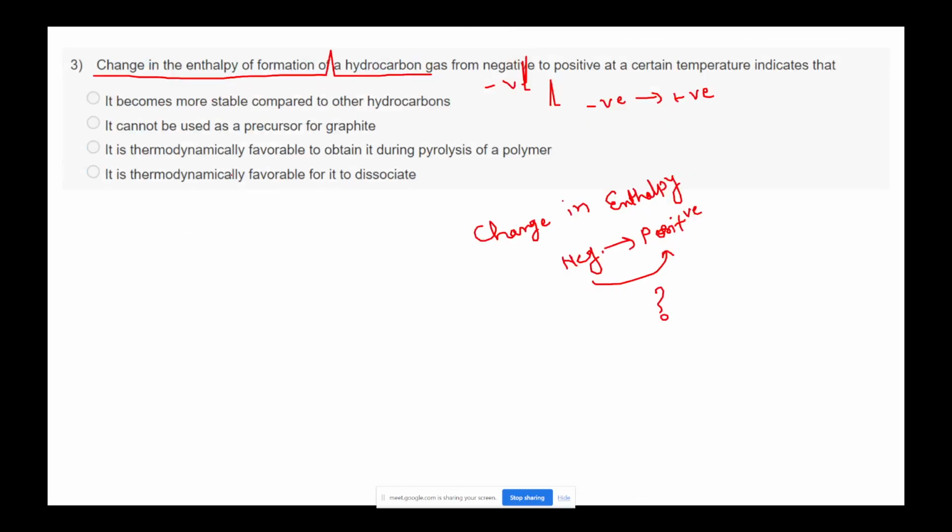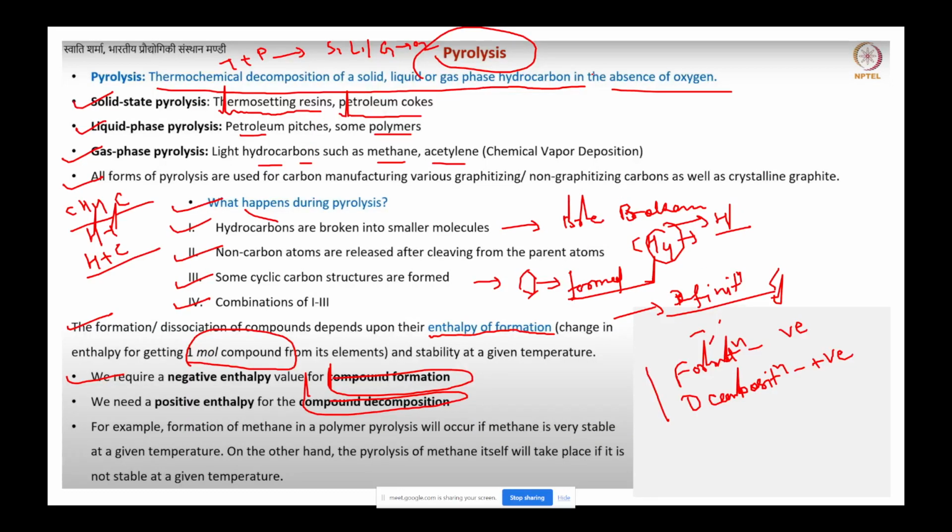So it will mainly dissociate, because it is going from negative to positive, so it is more prone to dissociate.